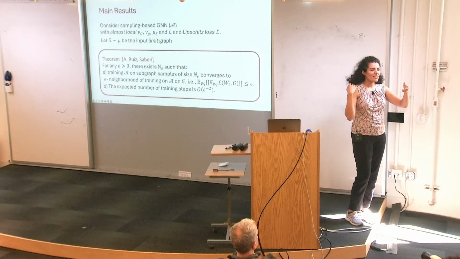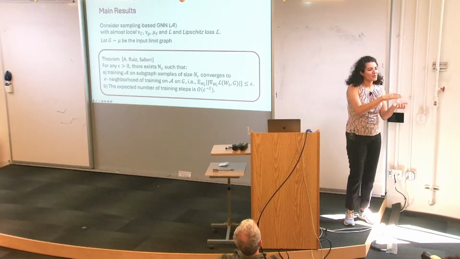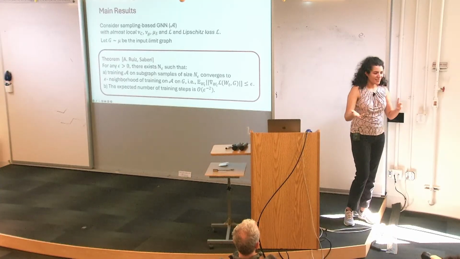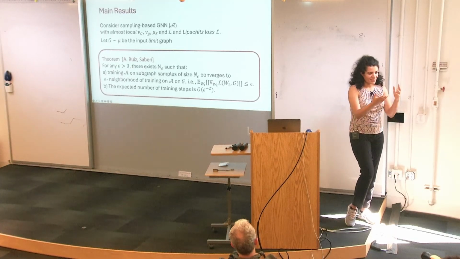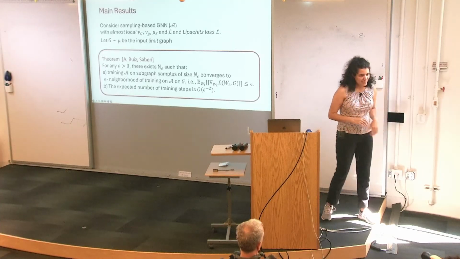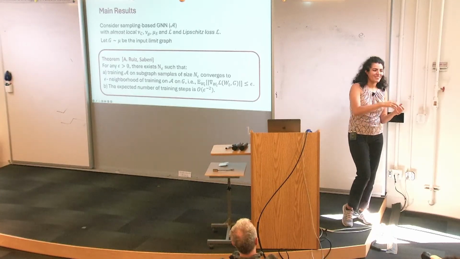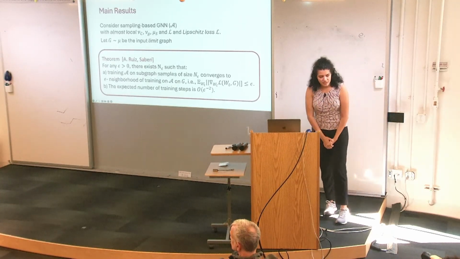For example, when I was saying you can use importance sampling where the scores are, for example, Laplacian or inverse of a Laplacian, they're not directly local, but they're locally approximable. So wherever you can prove that there is a local-to-global connection, then you can use this theory. Basically, yeah.